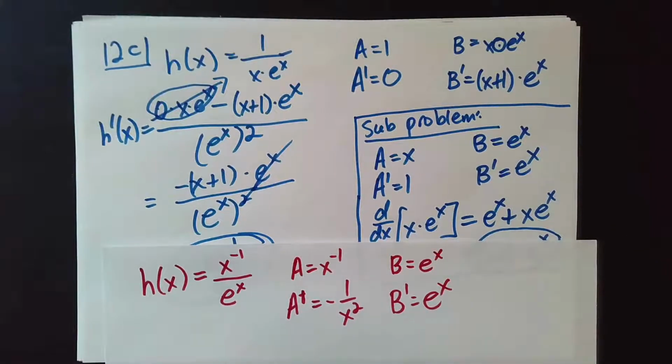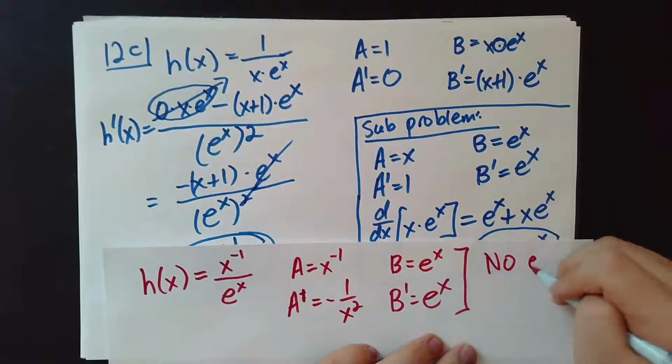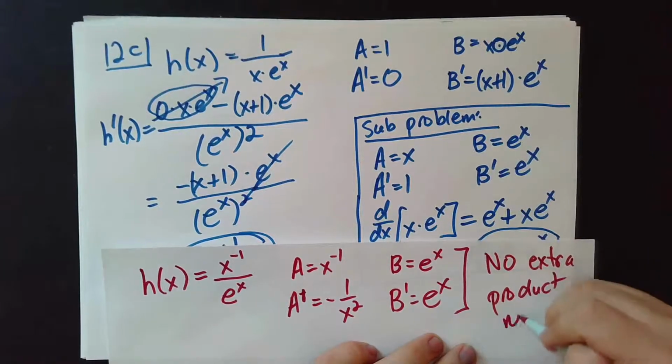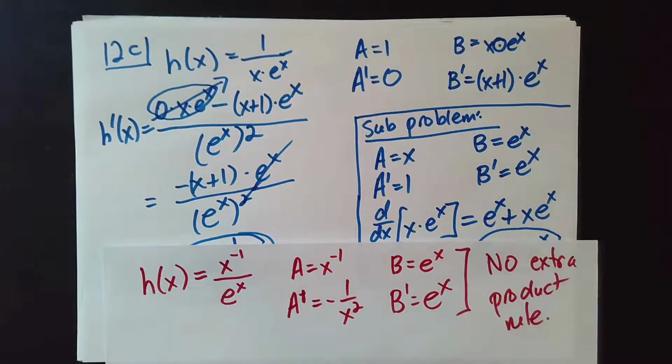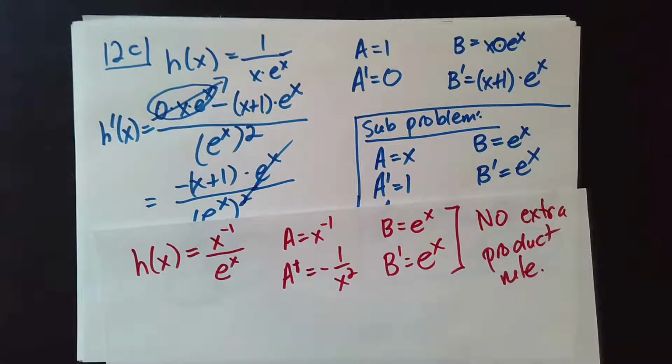Okay, and in particular, I don't need to do an extra product rule. So you can finish the problem from here. But the point is, yes, you can absolutely rewrite the thing you're asked to take the derivative of in any way you want before you take the derivative, and often it is quite wise to do so.